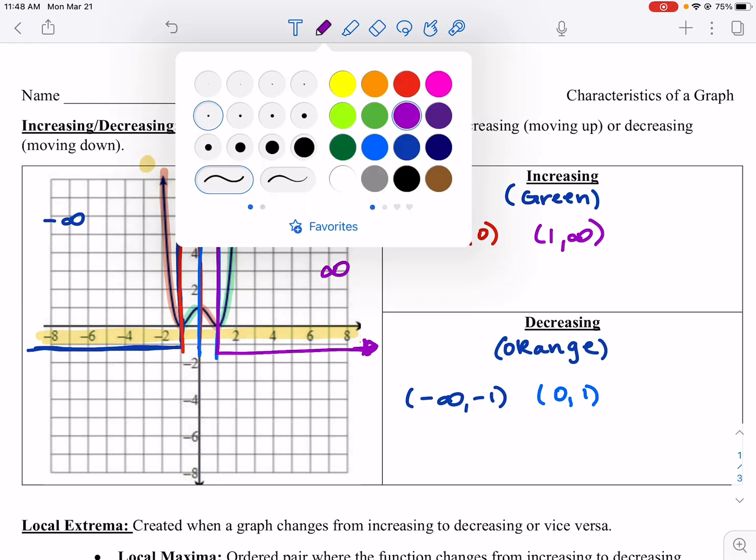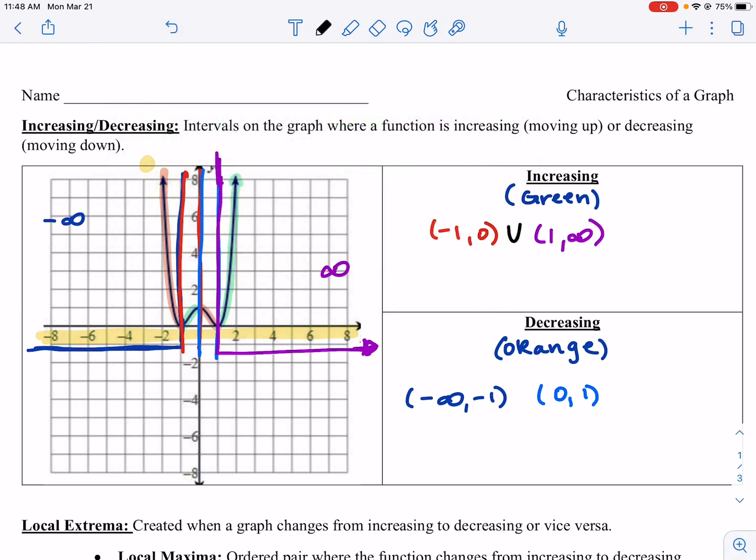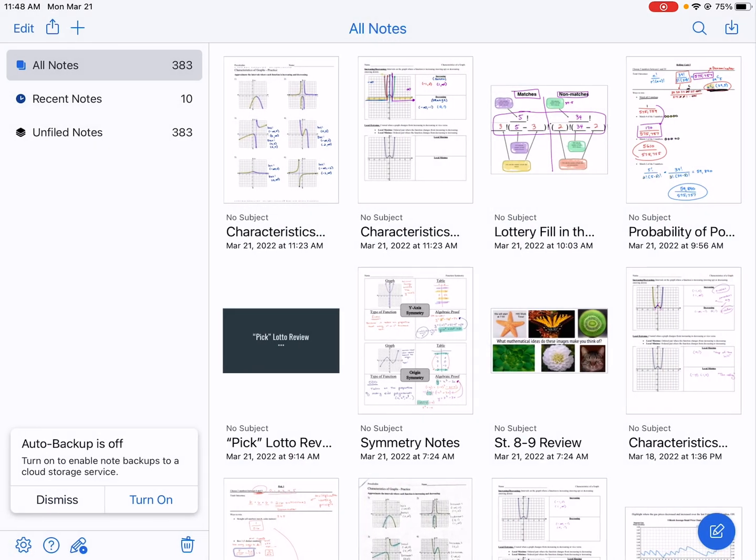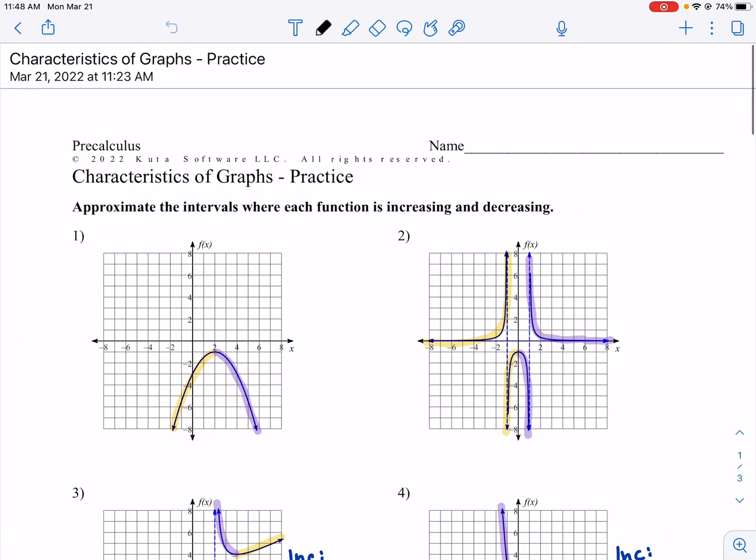And then we would connect these with a U, which means and in math. So you would say this graph is increasing from -1 to 0 and from 1 to infinity, etc. Okay?